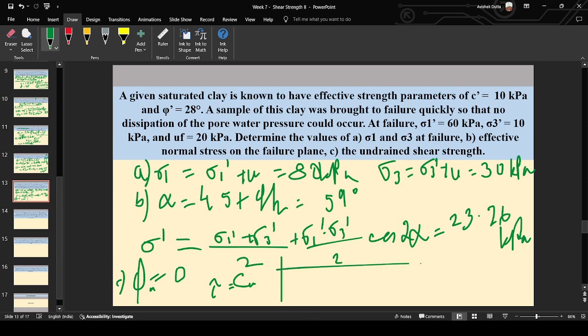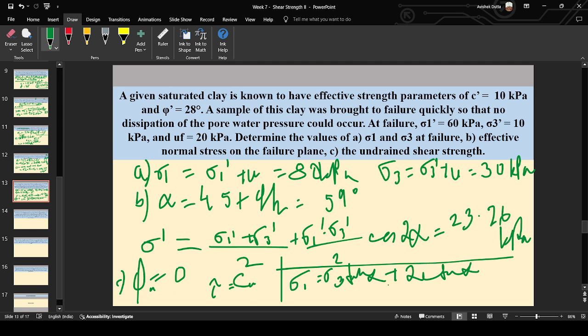Again, we can find sigma 1 equals sigma 3 tan square alpha plus 2c tan alpha. Now sigma 3 is 30 and sigma 1 is 80. In this case alpha equals 45 plus phi by 2.